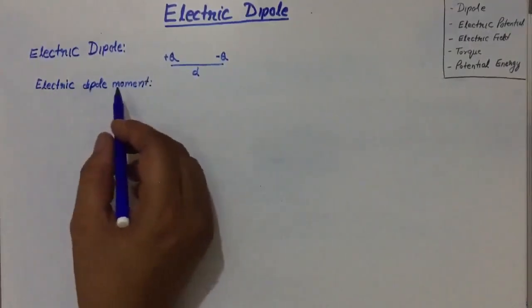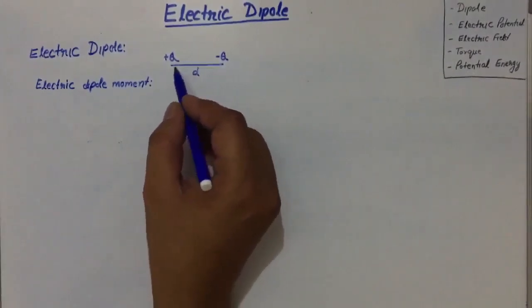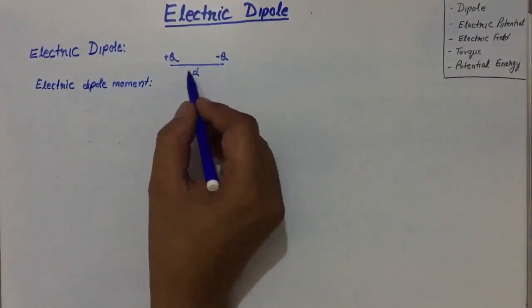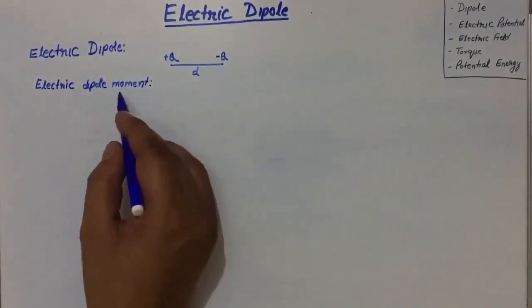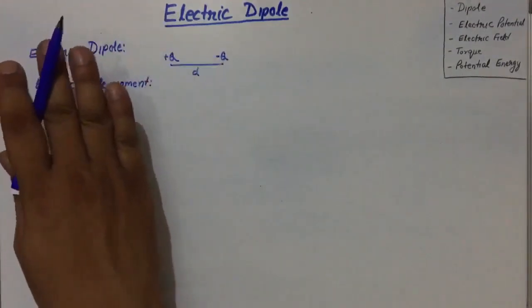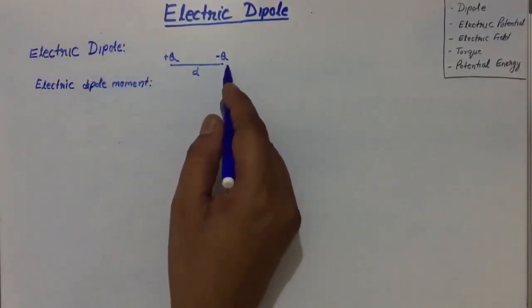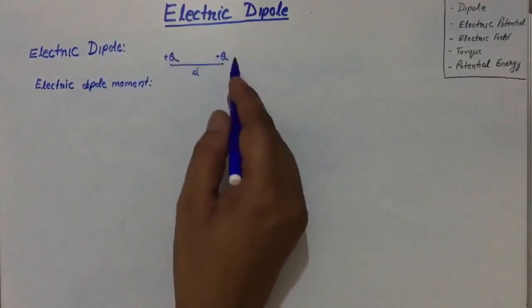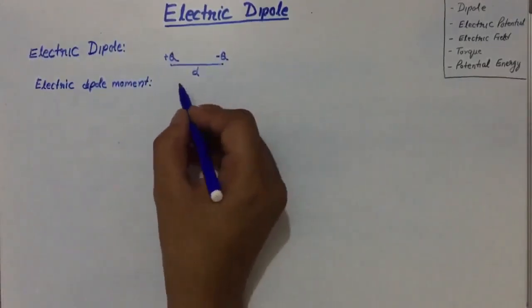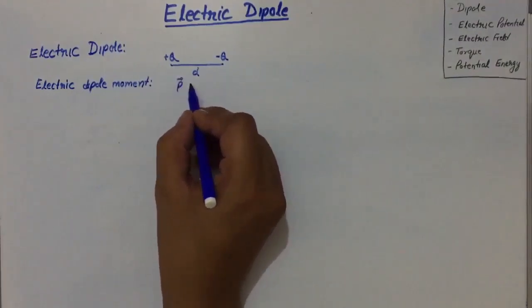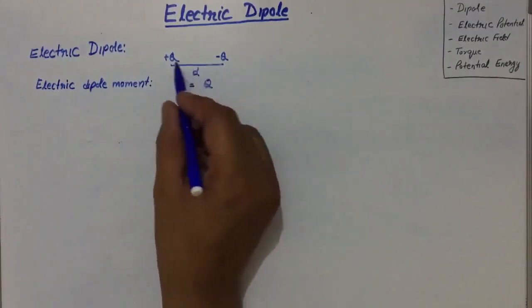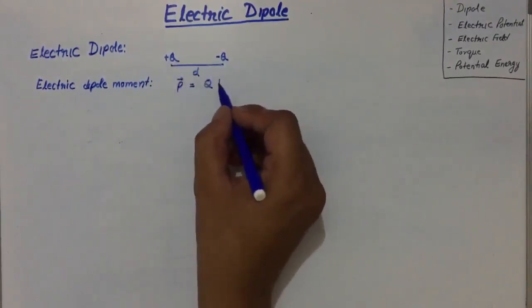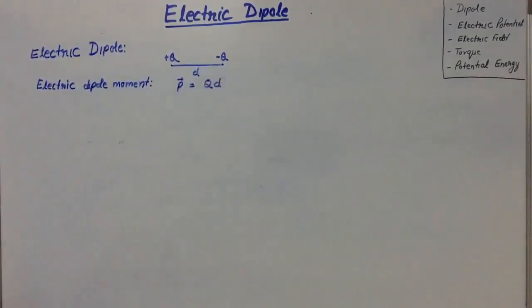This term gives the visualization of the charge and the separation of these two. So it measures the separation of the positive and negative charges in the system, and it is written as electric dipole moment, that is nothing but the multiplication of the charge with the separation. This is known as the electric dipole moment.